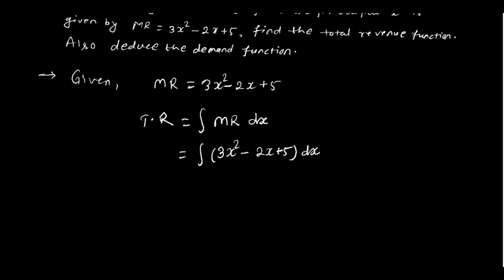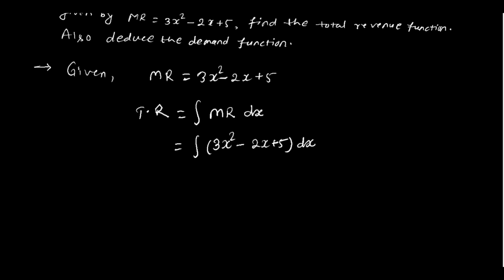We know that the integration of 3x square is 3x cubed by 3. That is, when you remove the integration sign, the power of the variable will increase by 1. Minus 2x square by 2 plus the integration of constant is 5x. If there is 1, then here will be 1x. Here is 5, so its integration is 5x plus the constant c.